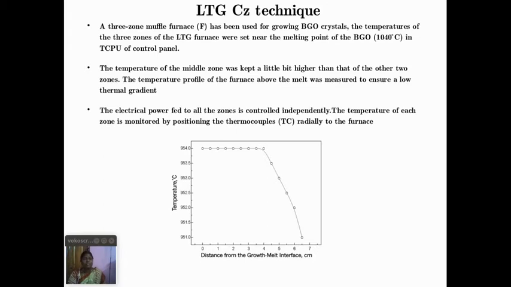The temperature of the middle zone was kept slightly higher than that of the other 2 zones of the furnace. The temperature profile of the furnace above the melt was measured to ensure a low thermal gradient situation. The electric power fed to all the zones is controlled independently.